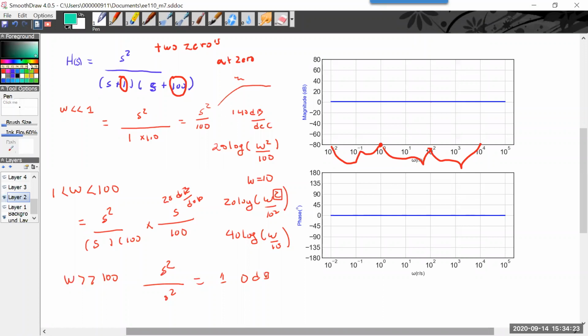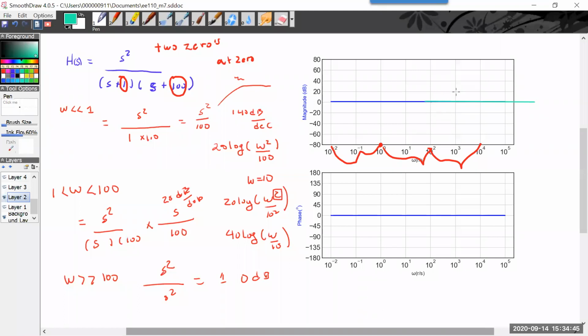And it's a little trick, but it's easier for the high pass to draw them the other way. So we're at 100. We can draw our constant line.